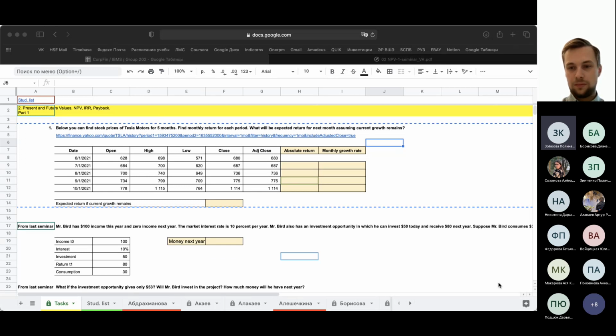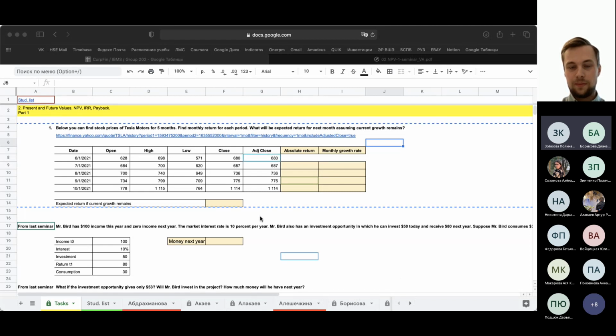Maybe closed value minus open value, then divided by open value and multiplied by 100. But you said that we should use just close for absolute return.